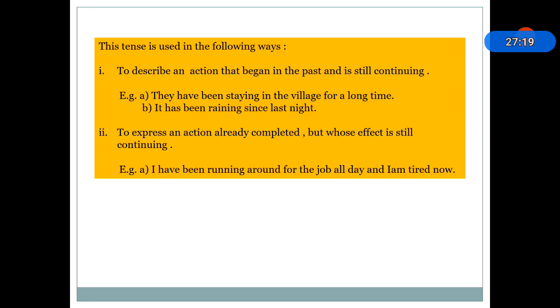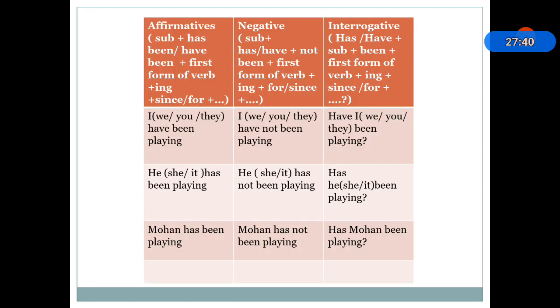Next, this tense is also used to express an action already completed but whose effect is still continuing. Example, I have been running around for the job all day and I am tired now.